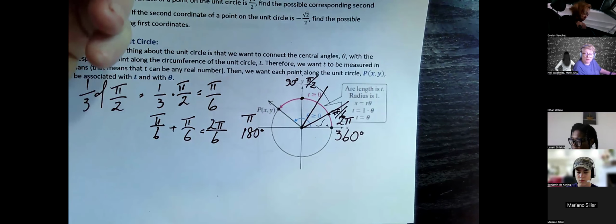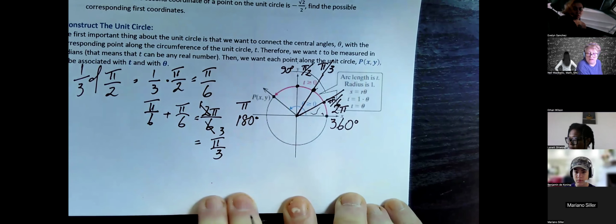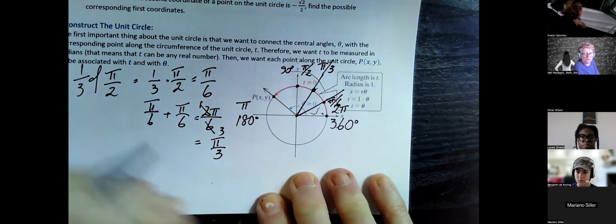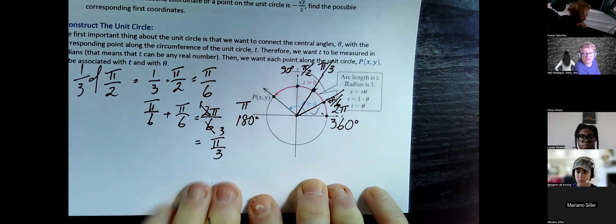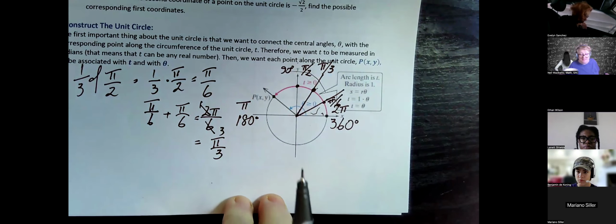And the denominator stays 6, and now we can reduce it. Pi over 3. Yes. Does that make sense?